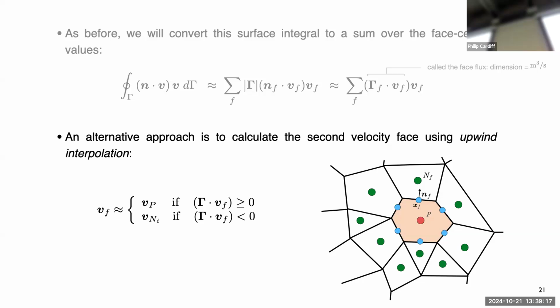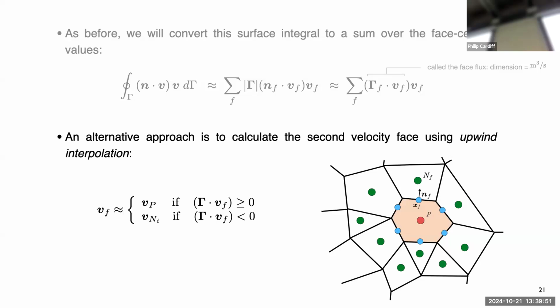If mass is flowing from this direction to this direction, then with upwind you check upwind and just use the value of the upwind node rather than the downwind. This term here represents the velocity multiplied by the face. If this is positive, it means fluid is leaving this cell, so the upwind direction is the P node value. Whereas if it's negative, it means there's flow going back into the cell, in which case we use the NF value. That's called the upwind method.